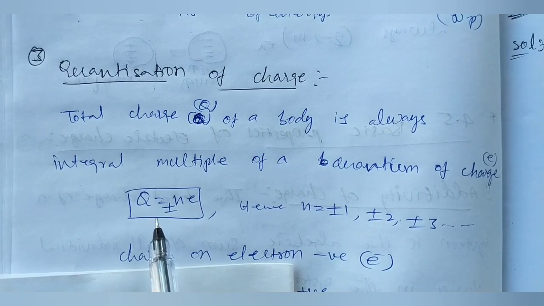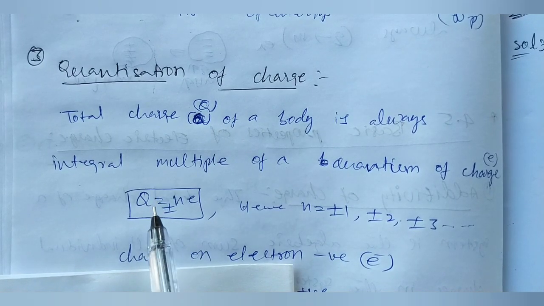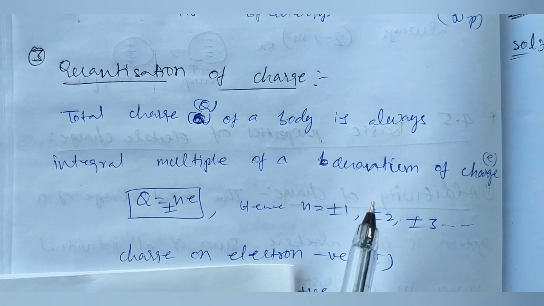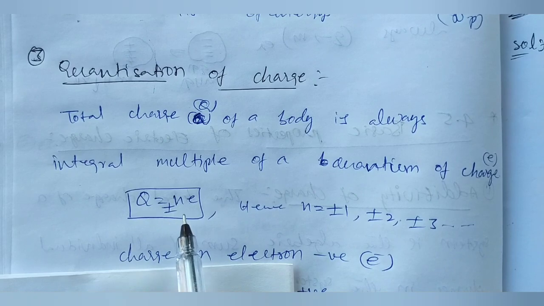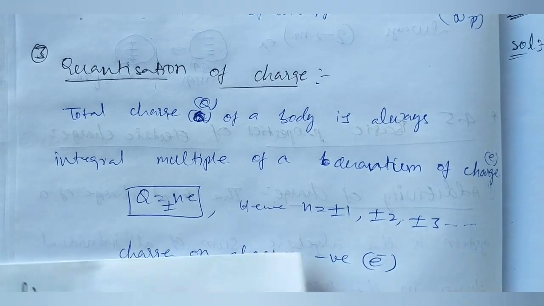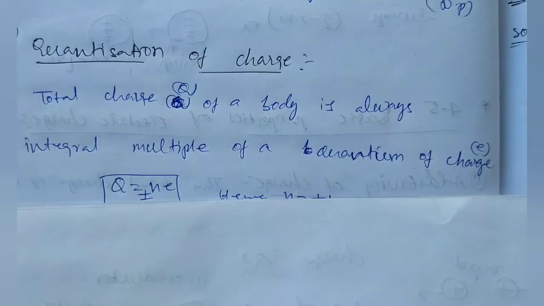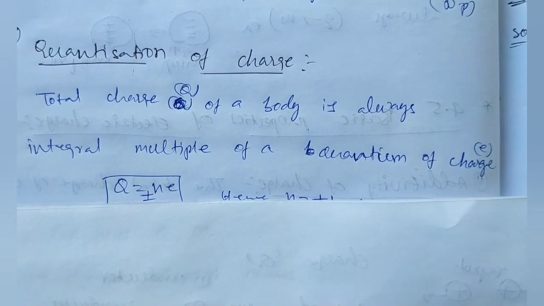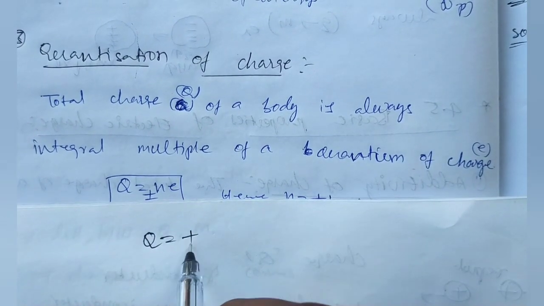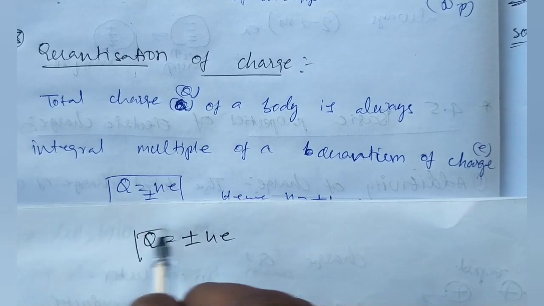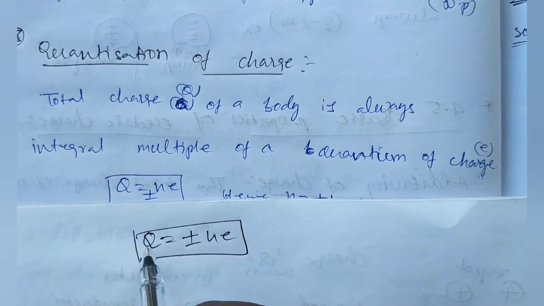Quantization of charge means the total amount of charge is an integral multiple of a basic charge. That is the quantization of net charge: Q is equal to plus or minus Ne.